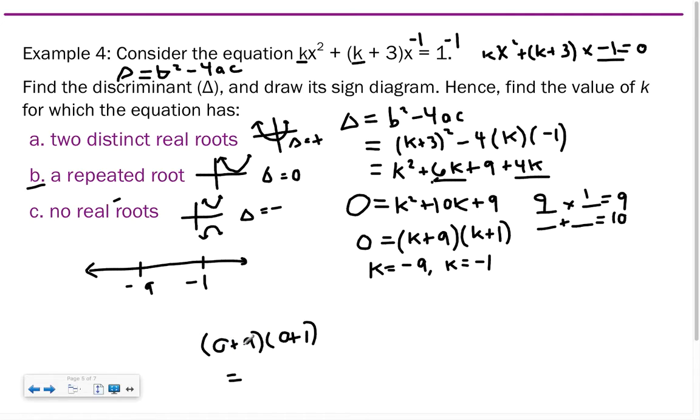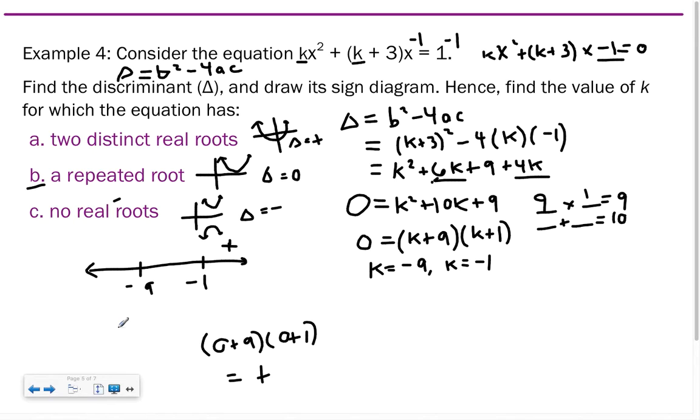I've got a positive number multiplied by another positive number, so my answer is going to be positive. This tells me that for all values of k greater than negative 1, I will have a positive discriminant. In other words, for all values of k greater than negative 1, I'm going to have two distinct real roots.